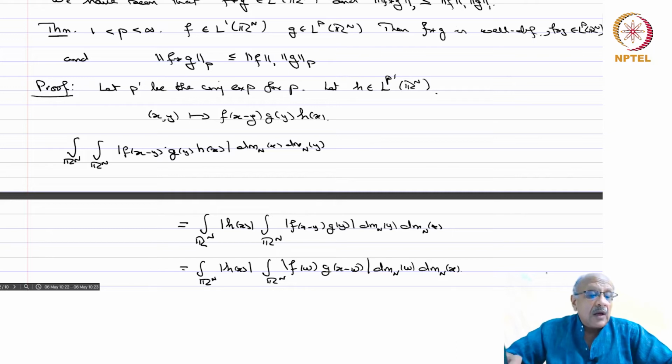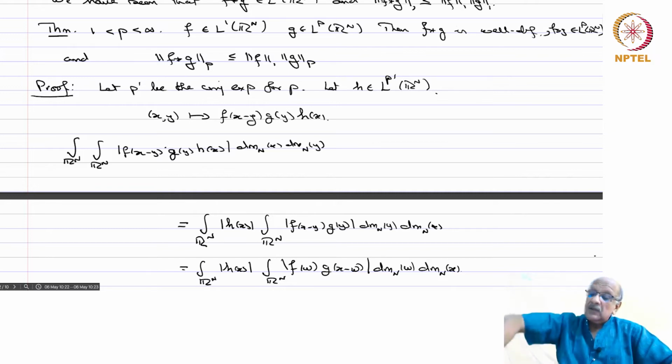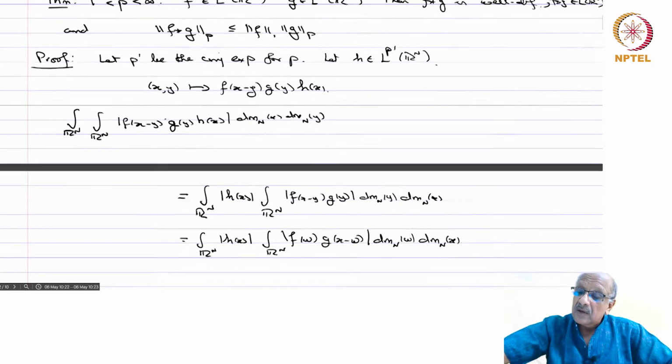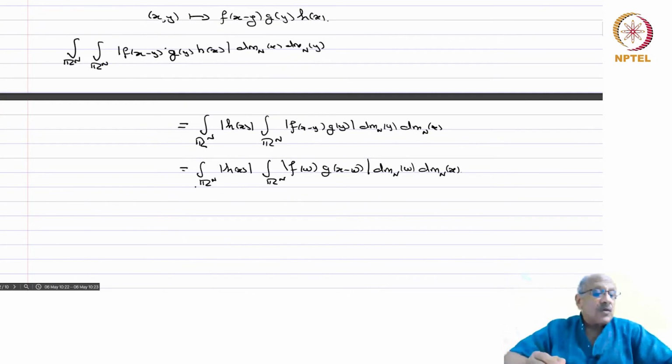We have done long ago that we can in fact make such transformations. Now there's only one function involving w purely, and it doesn't involve anything else. So again, by Fubini's theorem, I can interchange the order of integration.